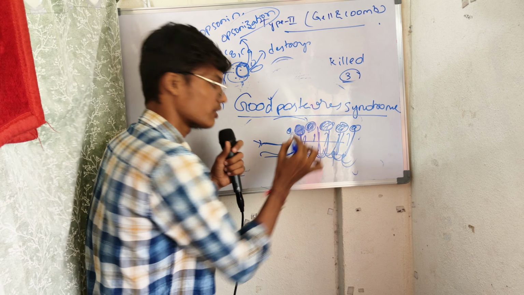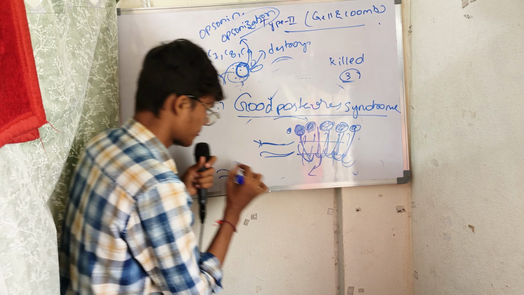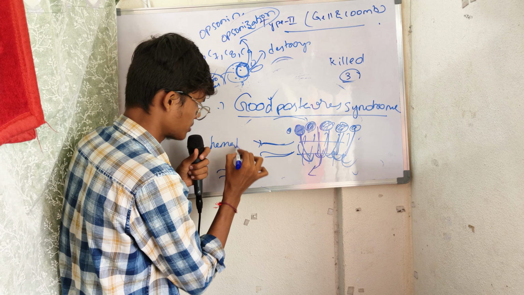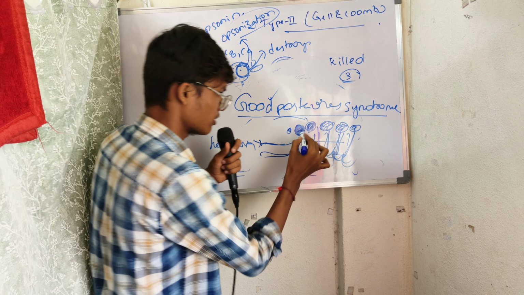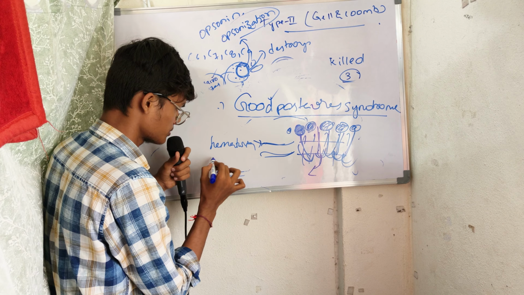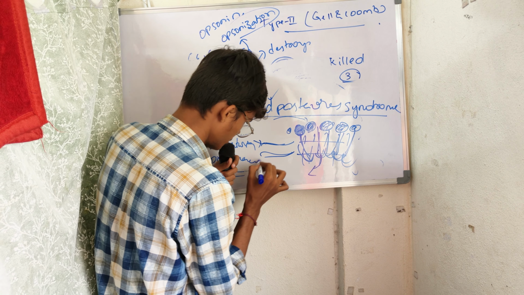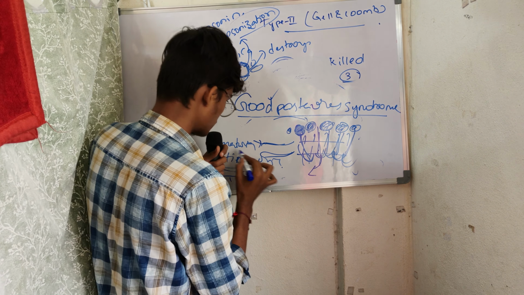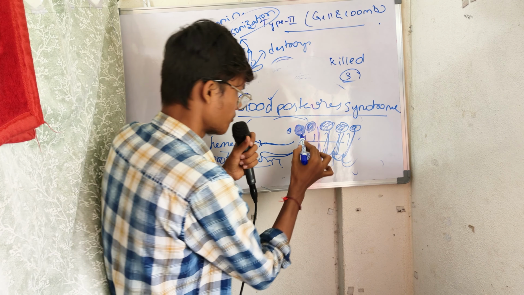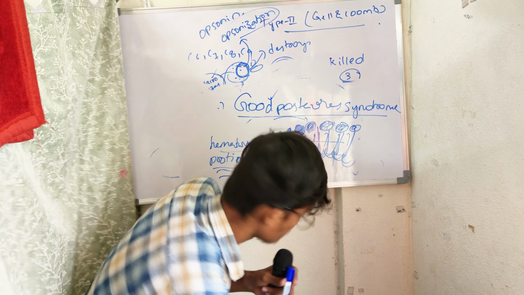Blood is also going out. So we can see hematuria and proteinuria. Why? Because the basement membrane is destroyed.